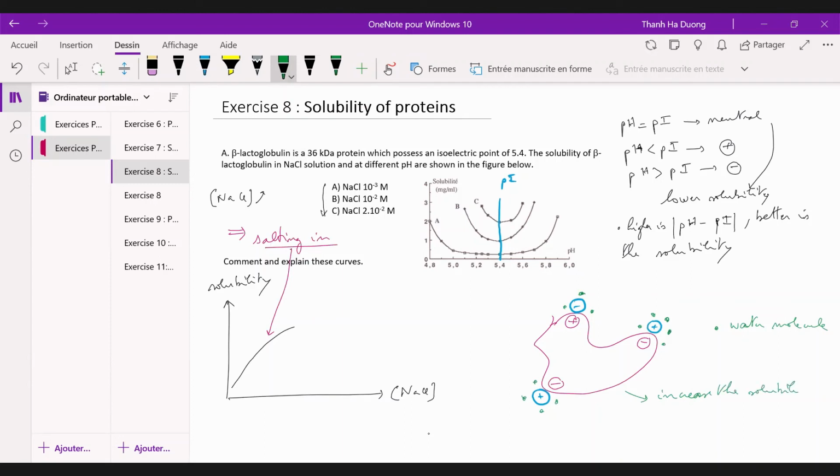This is the case for low concentration of salt. Okay, so this is the salting in. And after, we will see in the second slide the salting out.